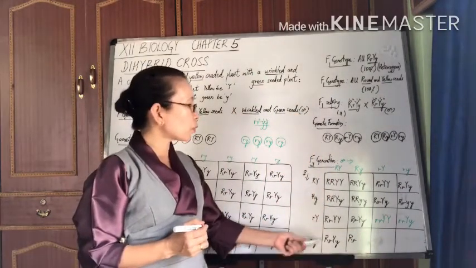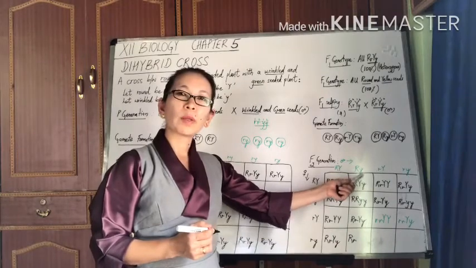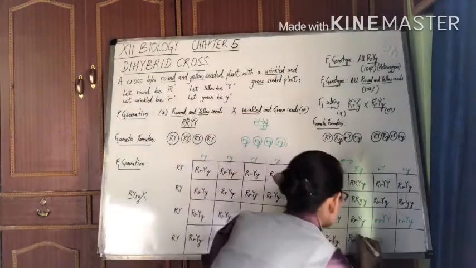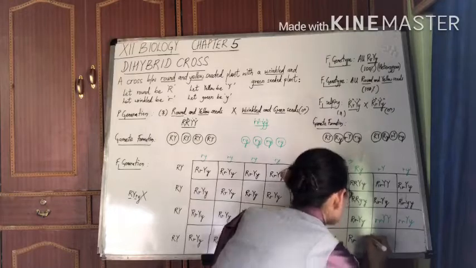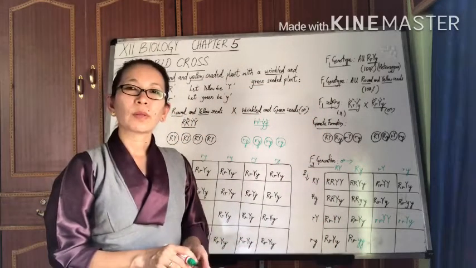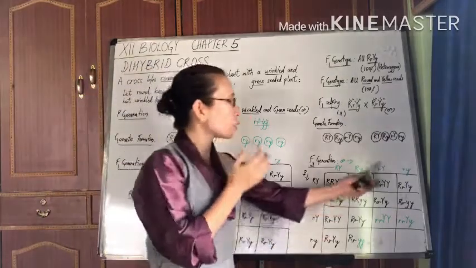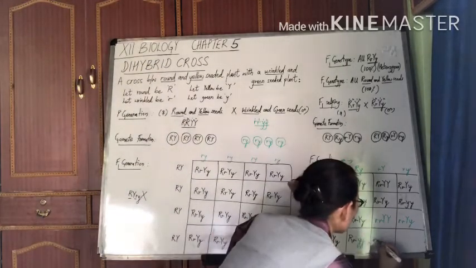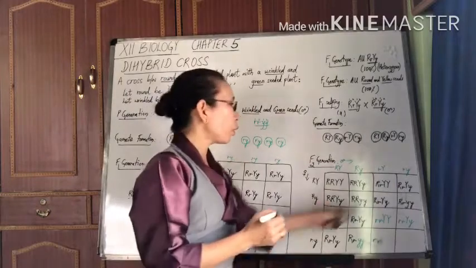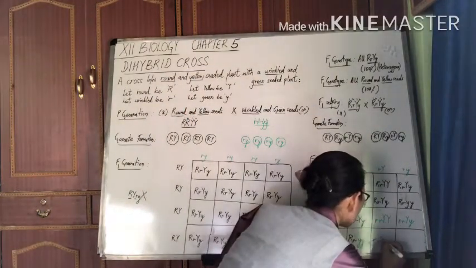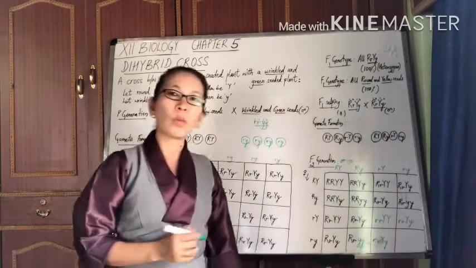Then it is small y, small y. Right? Then we have next one, small r, small r, small y, capital Y, which is to be written as capital Y, small y.